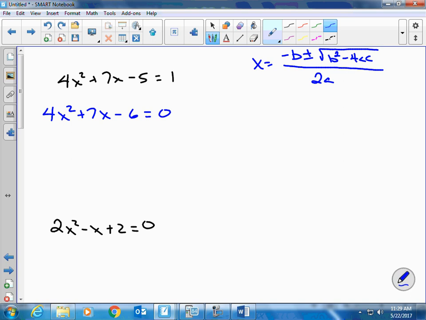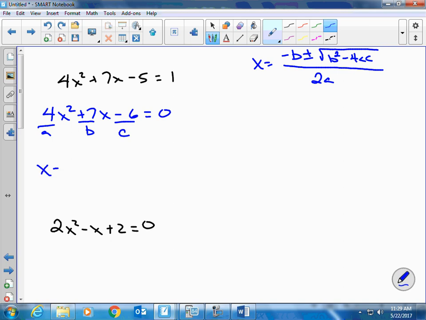So I'm going to subtract 1 from both sides, and I get that. Now just simply plug it into the quadratic formula. This is a, right? Ax squared. This is b, and this is c. The sign in front goes with the variable. So a is 4, b is 7, c is a negative 6, and let's plug it in.